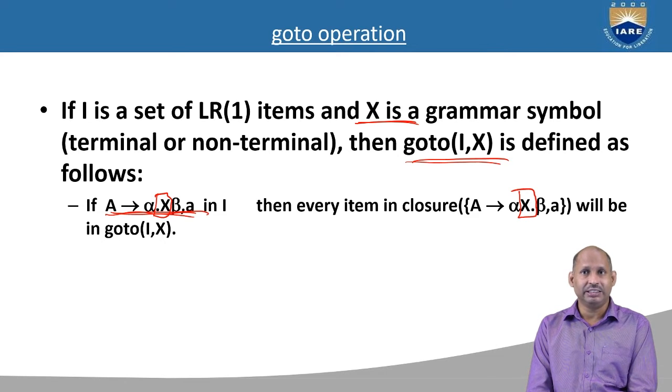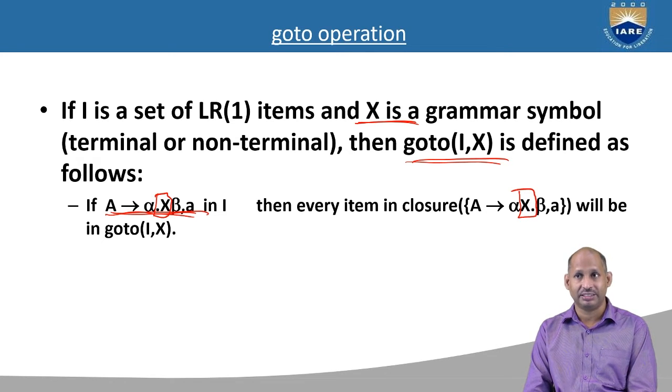If A gives alpha dot X beta, comma a, is an item in I, and X is the input symbol, terminal or non-terminal, then on the goto operation with symbol X, A gives alpha X dot beta, comma a, will be in goto(I, X). The dot X will become X dot.